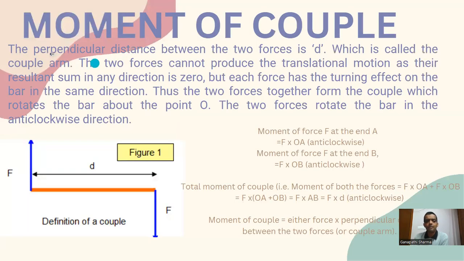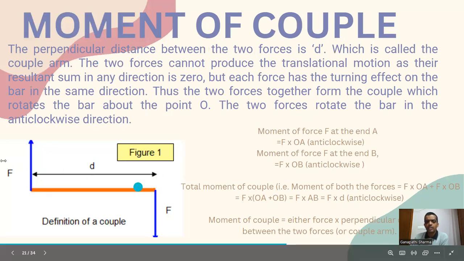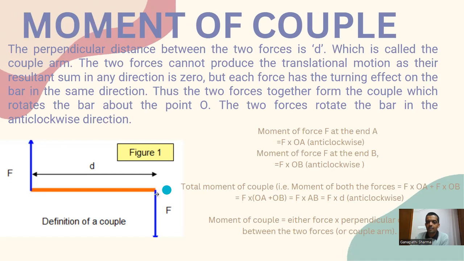Let us come back to a relation over here. Moment of a couple: the perpendicular distance is d and two forces are acting in opposite directions. Same forces, opposite direction, perpendicular distance. What is the torque at point A and point B? What is the moment of force at end A? One terminal is end A, another is terminal B. Then force into OA.